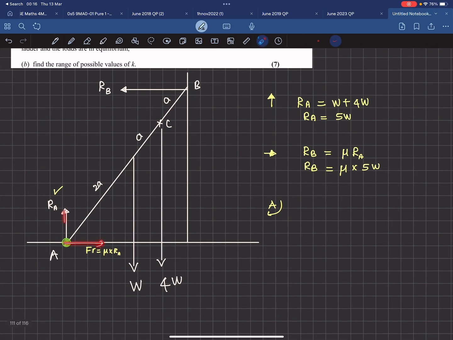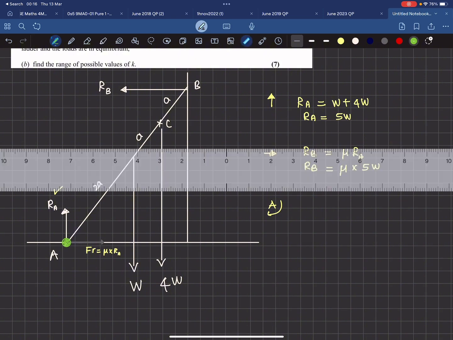Friction is there, reaction is there. I'm not worried about that because I'm standing here and I'm going to think about every other force on this diagram. So W is there, 4W is there, RB is there. All these three forces have to have a tendency to rotate towards A. That's what moments are. But are they perpendicular to the rod? If it's not, you need to make them perpendicular to the rod.